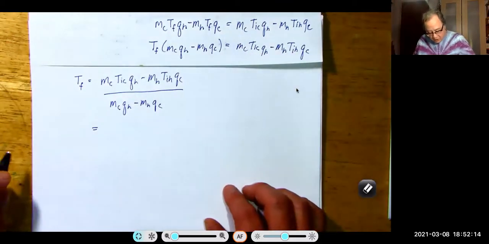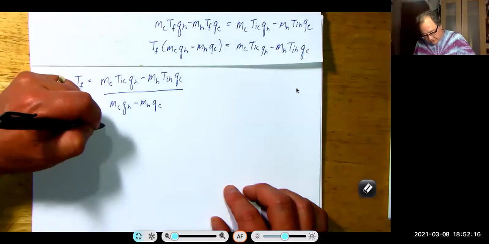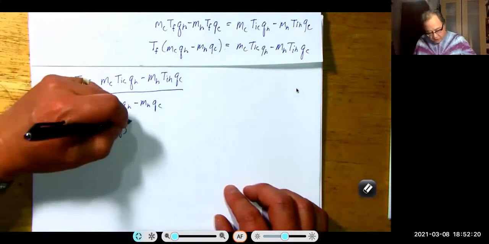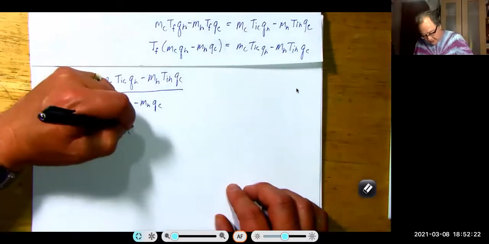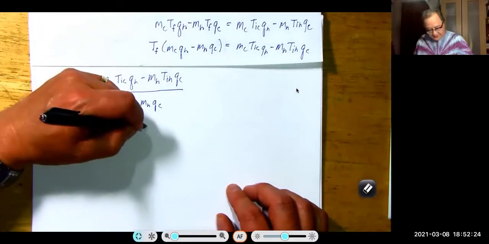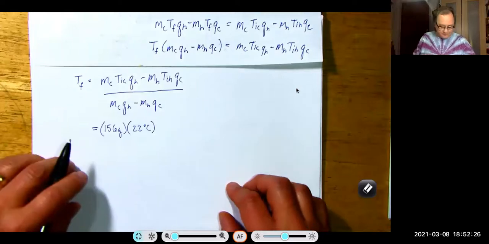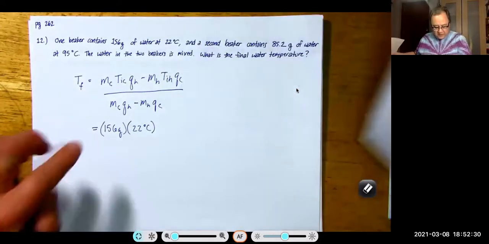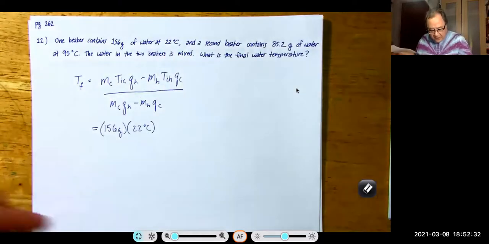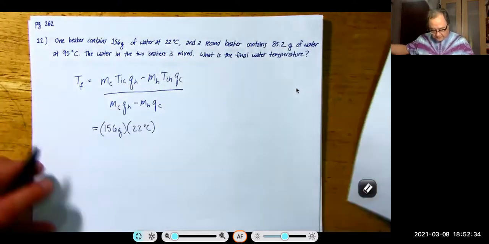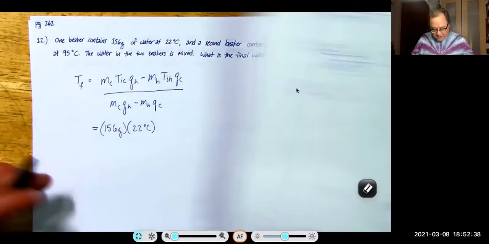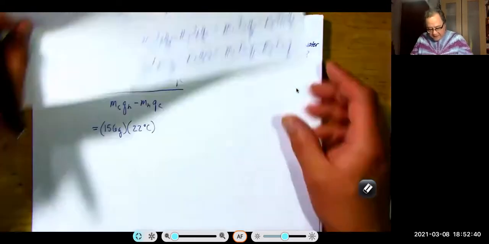So the mass of the cold was 156 grams. The initial temperature of the cold was 22 degrees Celsius. The Q of the hot, oh, I should have taken care of that.